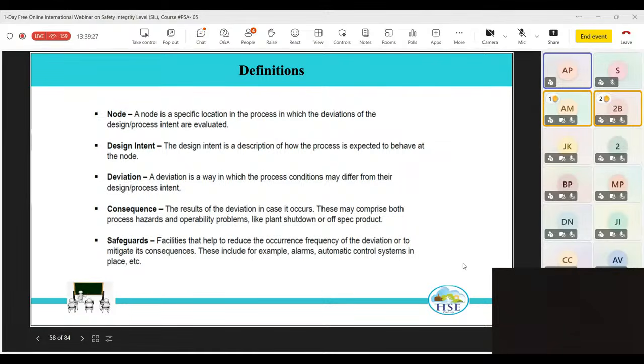Suppose sometimes there may not be a real process consequence like a vessel getting ruptured or temperature going very high or something. But the end product after that particular step, suppose it was supposed to be yellow in color, and when you find the final product is coming out not yellow but green, then you would not like that.